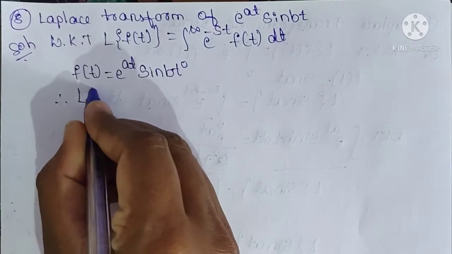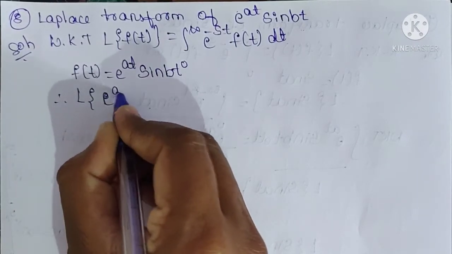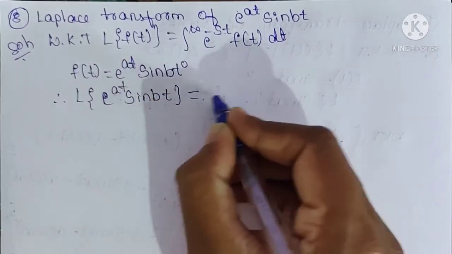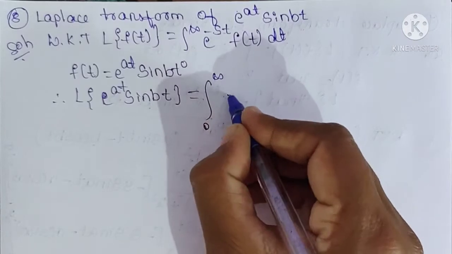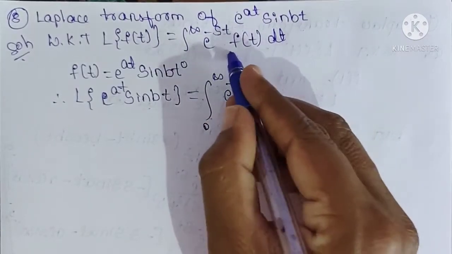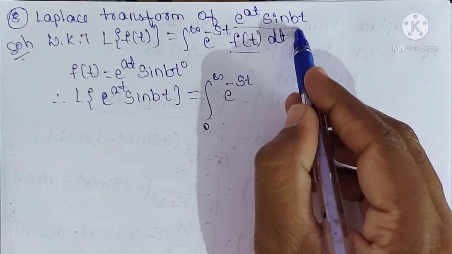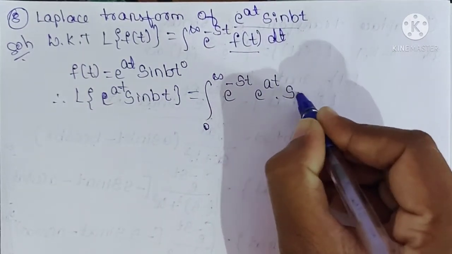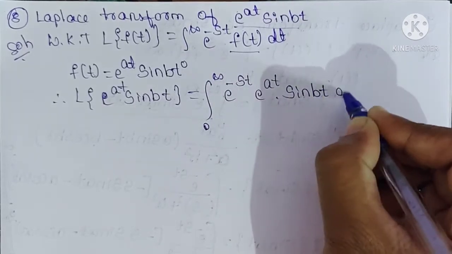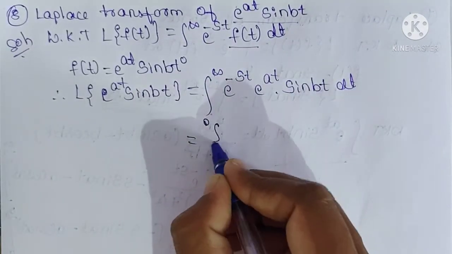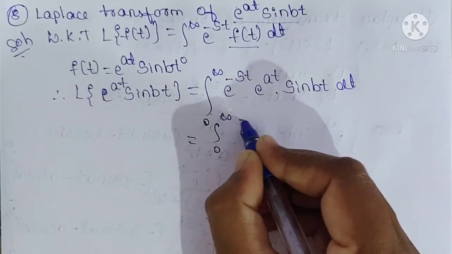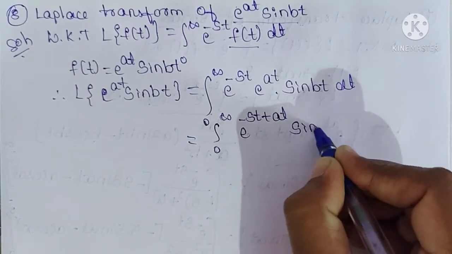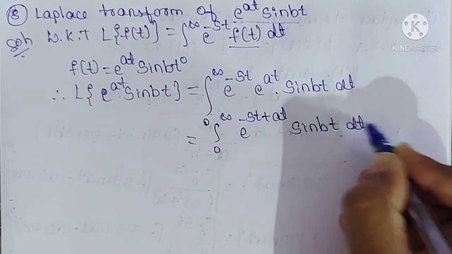Then L of e power at sine bt is equal to 0 to infinity e power minus st as it is, f of t, the given function e power at into sine bt, dt. This implies 0 to infinity e to the power of minus st plus at sine of bt dt.